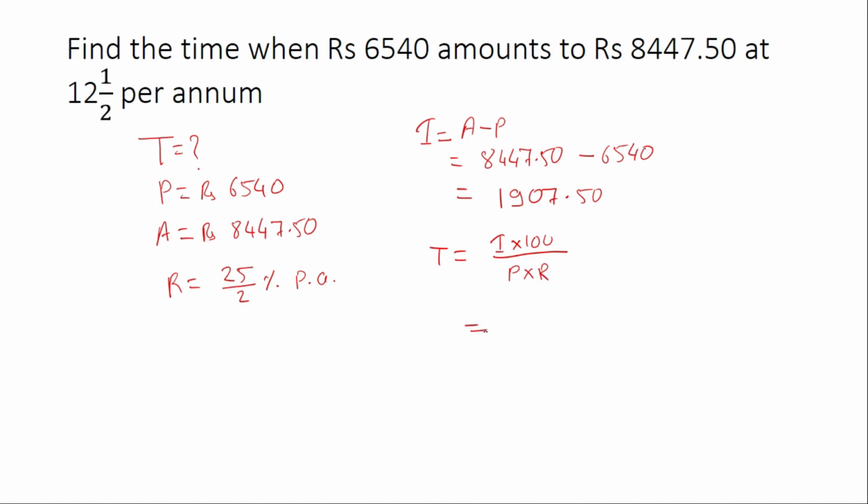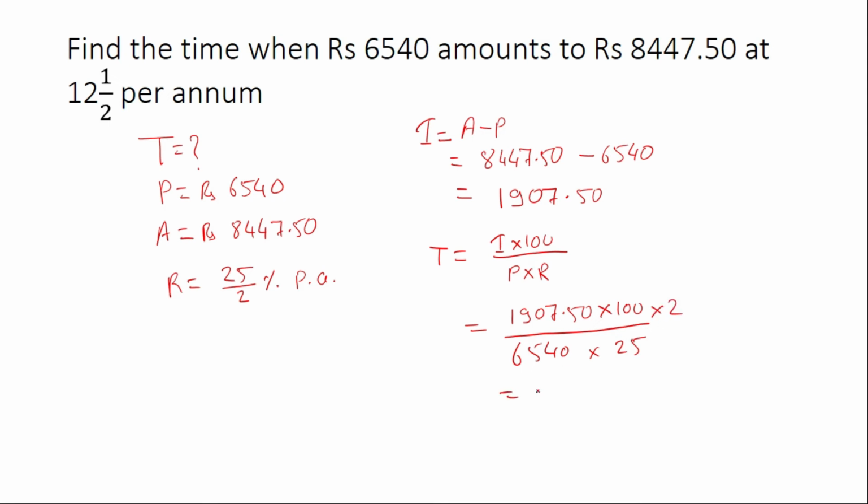Now put the values. Interest we have got 1907.50 into 100. What was our principal? 6540, and rate is 25 by 2, that means 25. Okay.